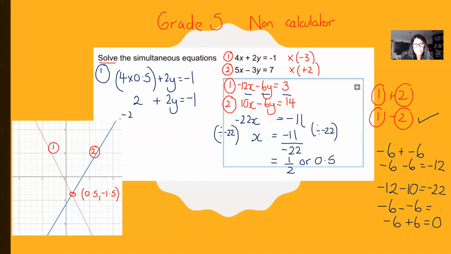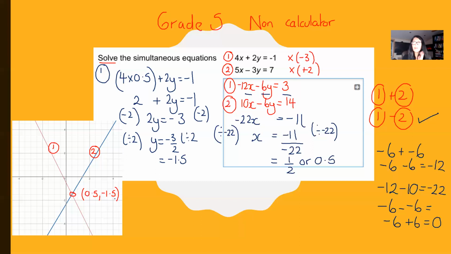Take 2 from both sides, so I'm showing the examiner always what I'm doing. If I take 2 from this side, I've got 2y. If I take 2 from this side, I've got negative 3. Now I'm going to divide both sides by 2. So y equals minus 3 over 2, which is also known as minus 1.5, which is exactly what I wanted.